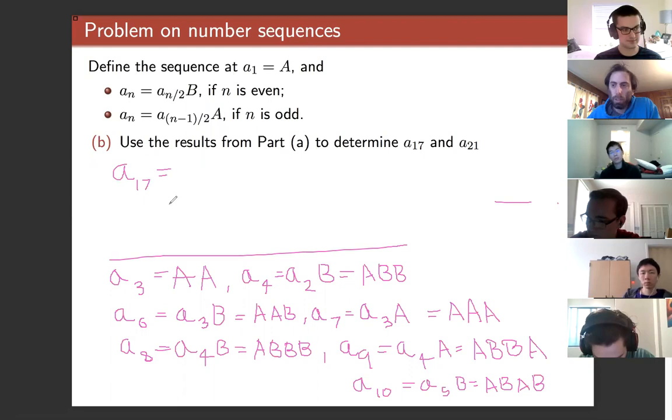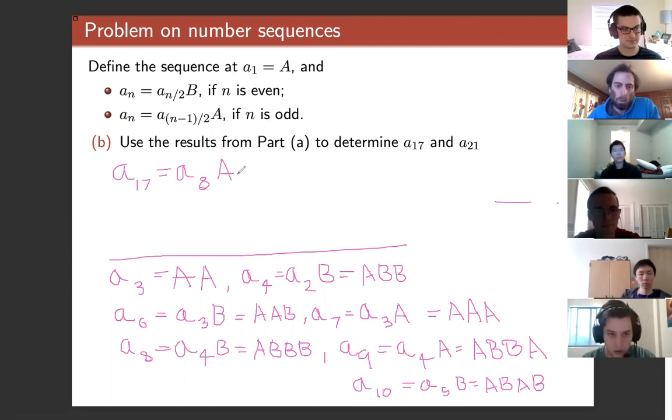So we are going to subtract 1 and divide by 2. And that's going to give us A8. And then we are going to multiply, since n is odd, by A. All right, and then A8 is ABBB. So this is going to be ABBBA. All right.